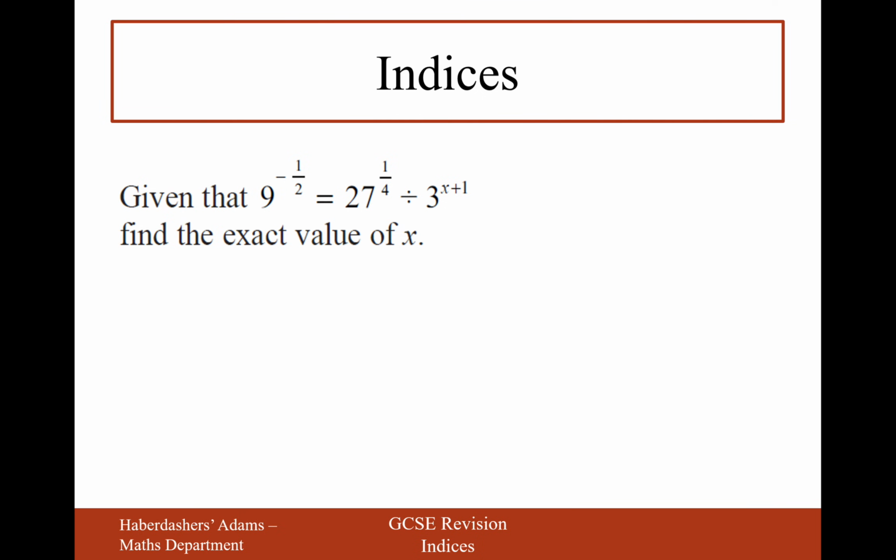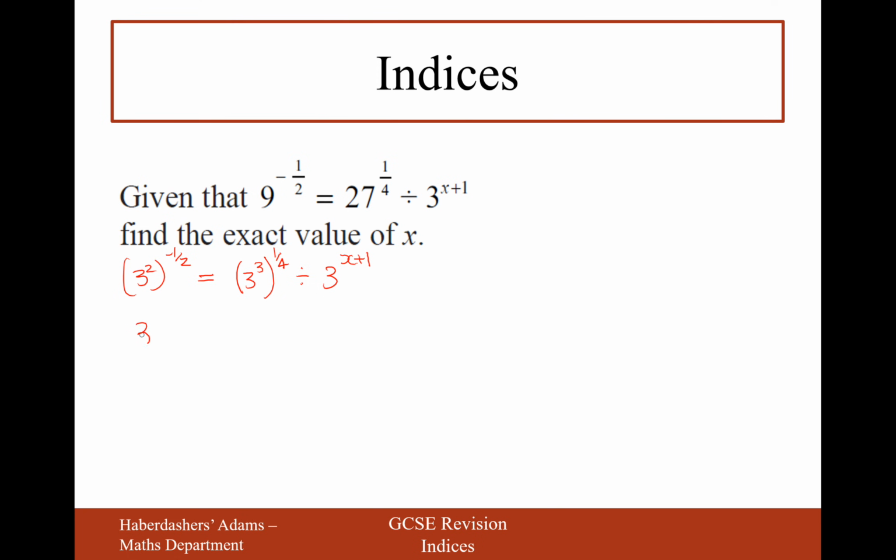Okay, so I think the key to this question is that it's all based on a power of 3. So I'll rewrite the equation as powers of 3. So it's going to be 3 squared to the power of -1/2 equals 3 cubed to the power of 1/4 divided by 3 to the x plus 1. So let's expand our brackets here.